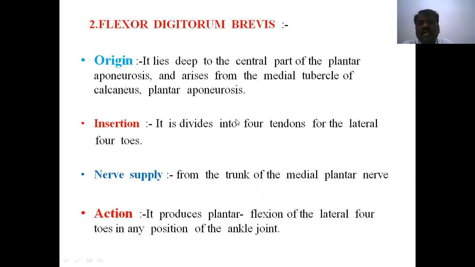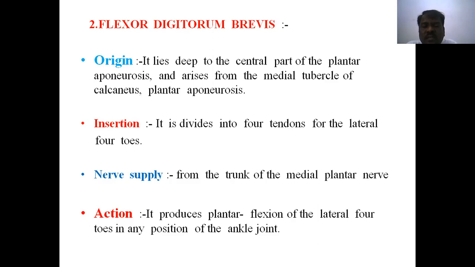Next is the flexor digitorum brevis. It also takes origin from the medial tubercle of the calcaneus and plantar aponeurosis. For insertion, when the muscle belly reaches anteriorly, it divides into 4 tendons for the 4 toes. That's why it is called flexor digitorum brevis, like the forearm muscles flexor digitorum superficialis and flexor digitorum profundus give tendons.